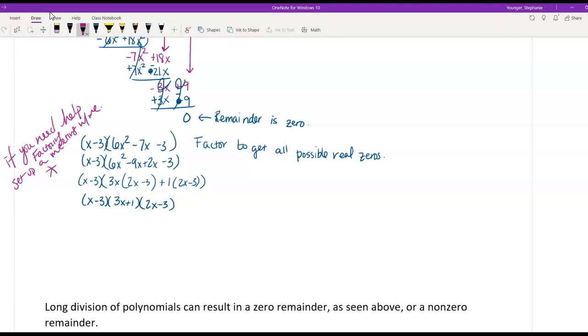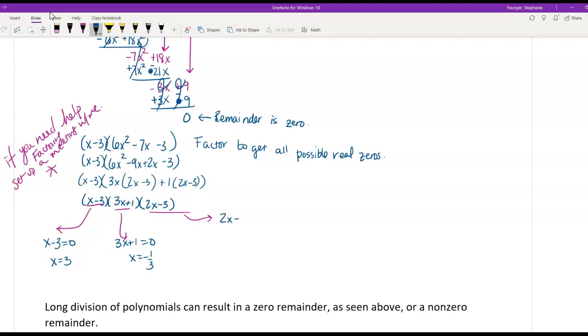All right, so now we have all of our factors. We now are going to set each of these factors equal to 0. So x minus 3 equals 0, which means x equals 3. 3x plus 1 equals 0, which means x equals negative 1/3.